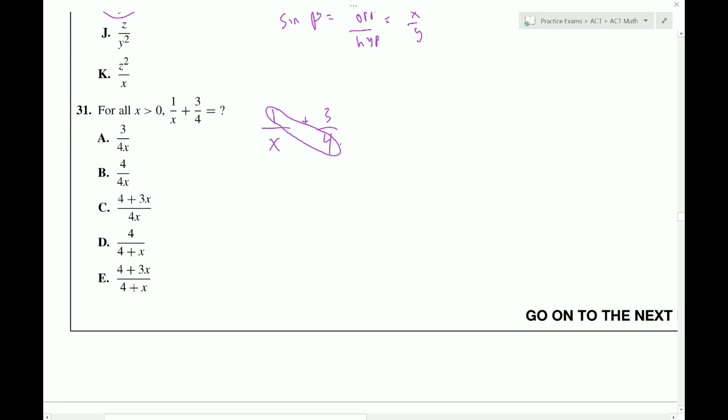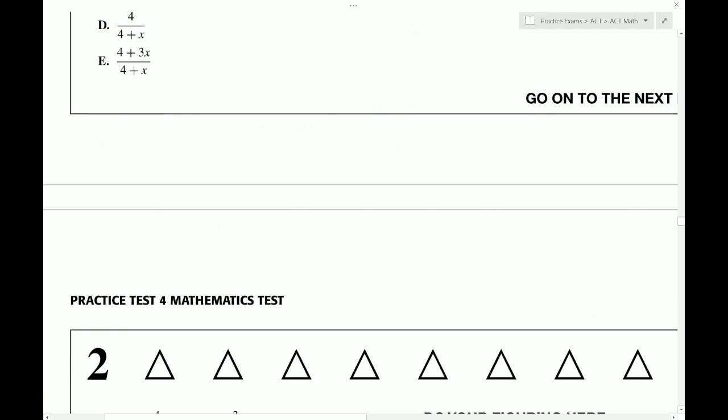We do 1 times 4 and get 4, then put the plus symbol, and do 3 times x and get 3x. Then we divide by the product of the denominators, which is 4x. And that is choice C. It's a quick way of combining two fractions with different denominators: the cross multiply method.